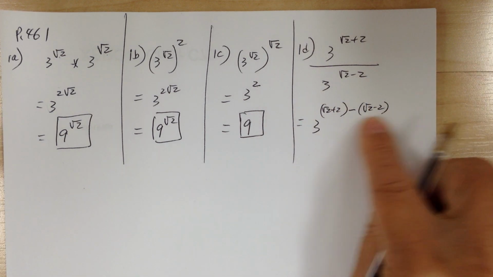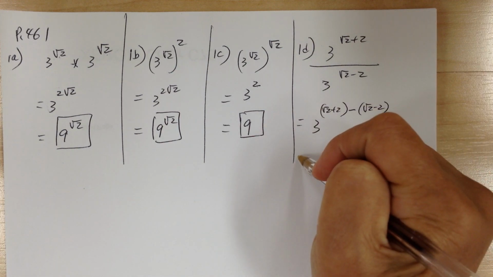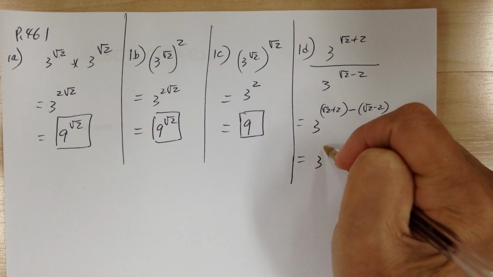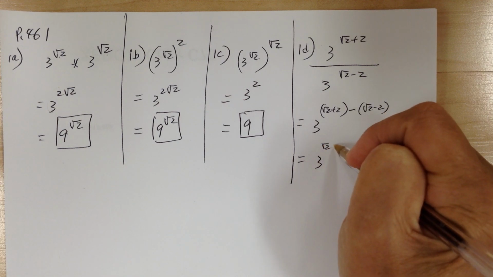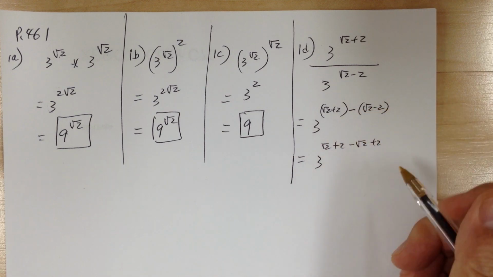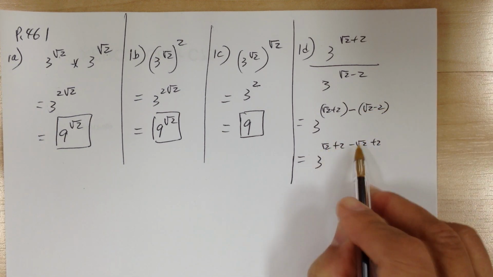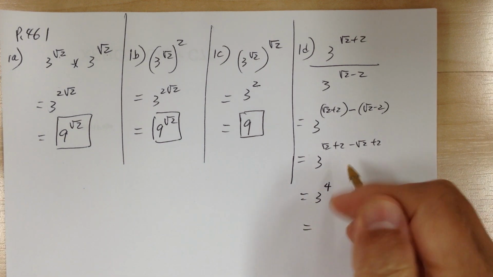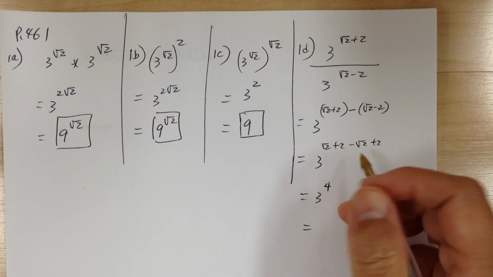I do the extra steps so you can follow and to cut down careless mistakes. So this is equal to 3 to the square root of 2 plus 2 minus square root of 2 plus 2. You have to change the sign, right? And notice that this will cancel out. So this becomes 3 to the 4th power, and so this will give you 81.